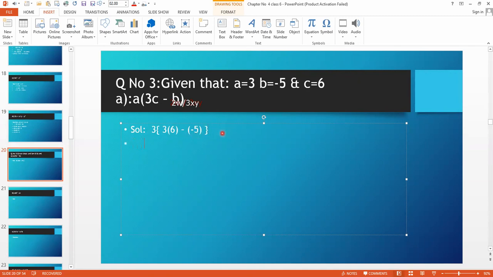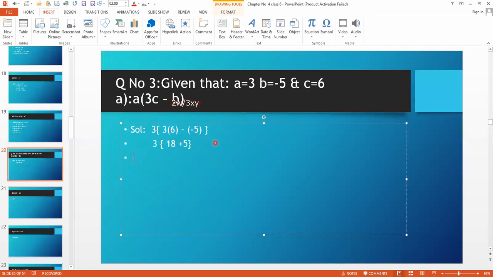Very easy. First, you have to solve the innermost bracket, that is the round bracket. Okay, so 3 6 times, yes, 3 6 times 18. We have to solve this bracket. Then minus into minus, it becomes plus 5. Now this curly bracket is left over. You have to solve that bracket.